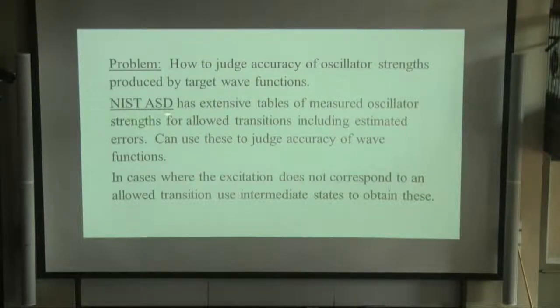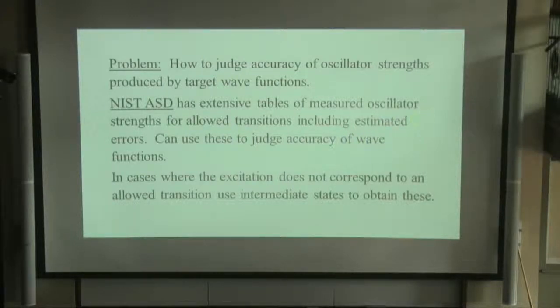Well, one way is just to look at the NIST database, because it's got a huge set of tables for allowed oscillator strengths. So you can go there and you can look at those things. They're experimental. The accuracy limits are fairly large on those things.